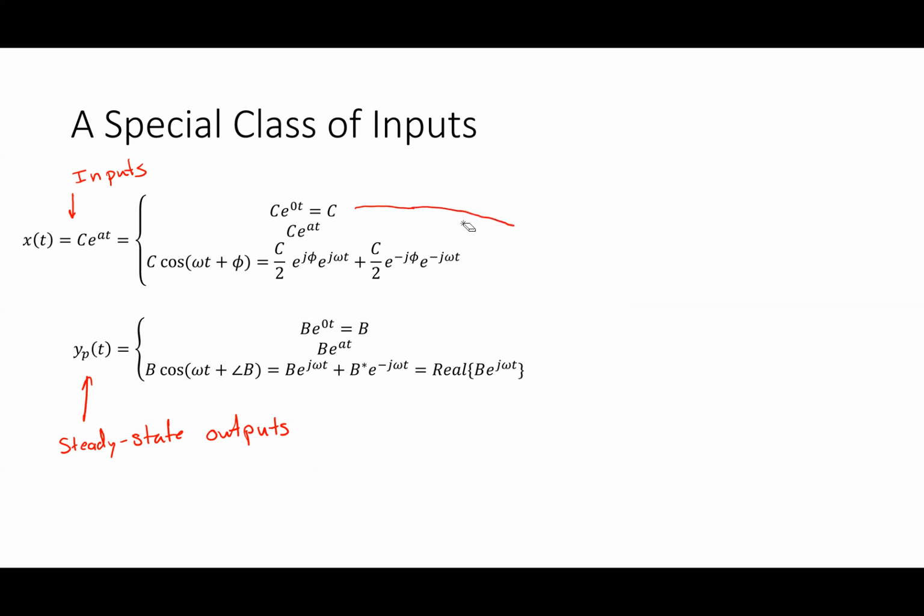I'm going to start at the bottom, I guess. Does that make sense? There's no good way for me to cross these over. All right. If I have a constant input, I'm going to guess a constant output. If I have an exponential input, I'm going to guess that I have an exponential output. And if I have this kind of rotating crazy guy, I'm going to guess that I have a rotating crazy guy. All right. And that makes everything easy.